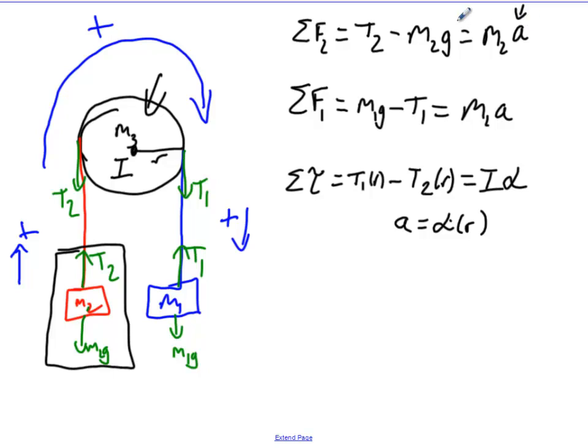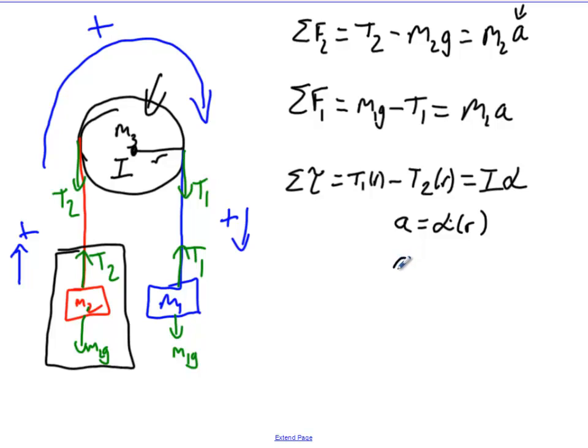I don't know A, I don't know T1, I don't know T2, and I don't know alpha, but I'm assuming I would know the moment of inertia of that pulley. So all we have to do is start plugging all these things into each other. I see a T1, a T2, and I'm going to start right here. I'm going to make this replacement.